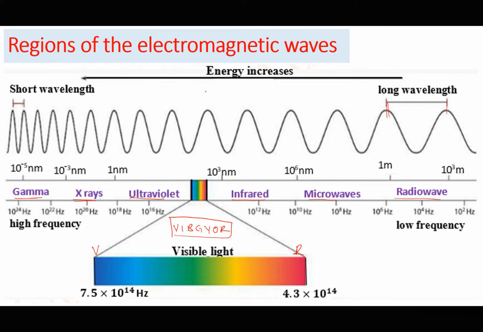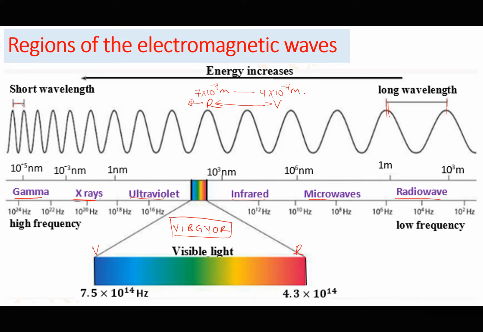So visible light ranges between 7 times 10 to the power of -7 meters up to 4 times 10 to the power of -7 meters. So this is red and this is violet. And in here we have the other colors of the rainbow.